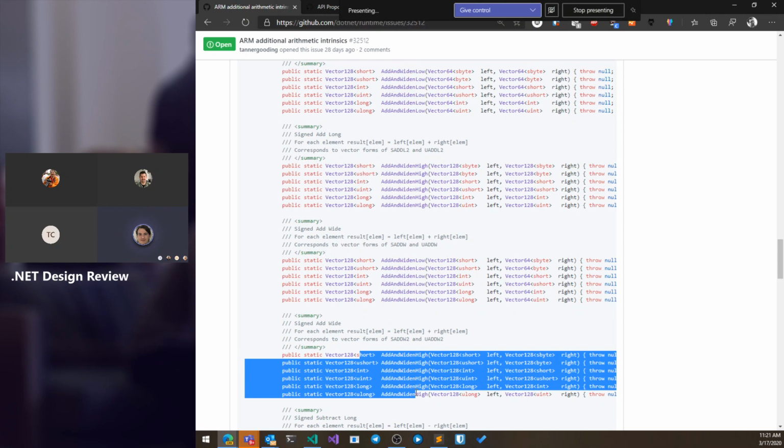I've been trying to figure out what the difference is between the two, so maybe it's a difference between whether it's a big add or an add and then widen.